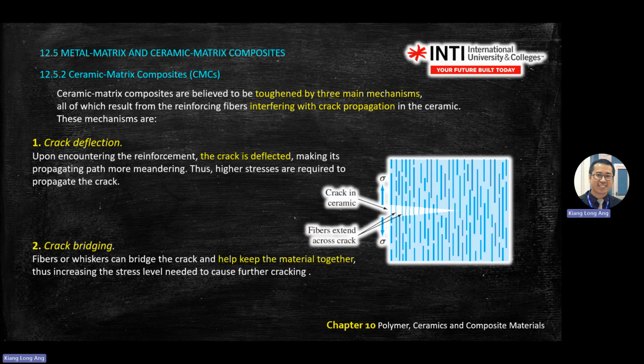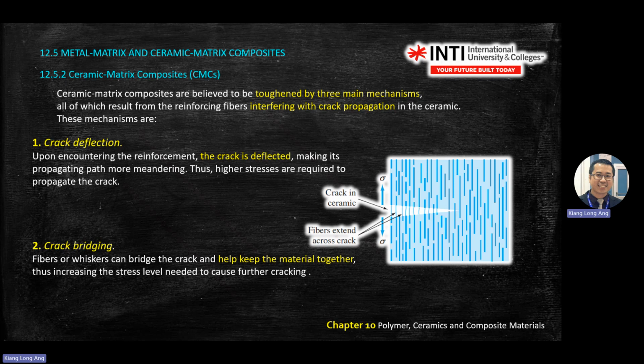Okay. Now another one, we look at the mechanism of ceramic matrix composite. They are believed to be toughened by three main mechanisms, which all result from a reinforced fiber interfering with the crack propagation. How does composite resist crack? So first, crack deflection. There is a fiber there to block the crack from continuing.